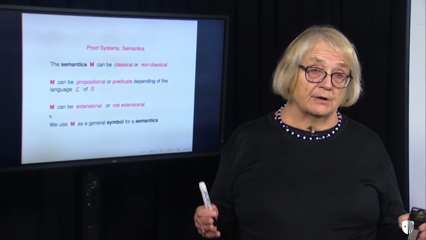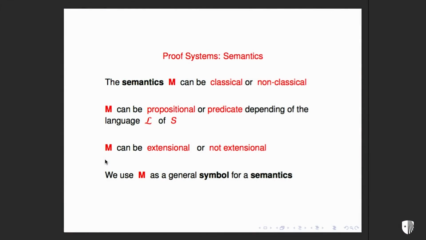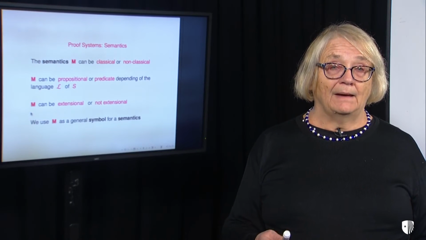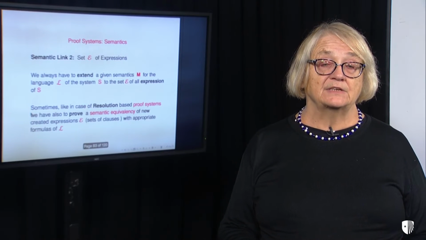In the general framework, M can be classical or non-classical, propositional or predicate depending on the language and the nature of the system, and also extensional or non-extensional, as we covered in chapter 3. So we use M now as a general symbol for a semantics.